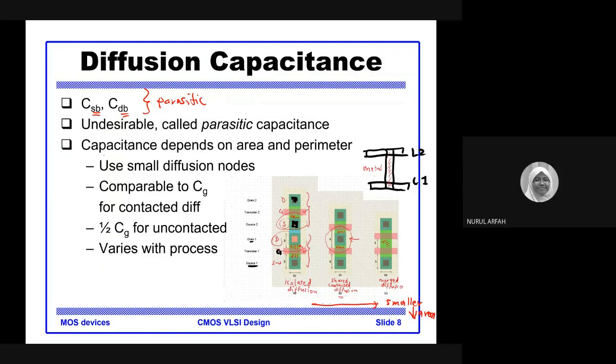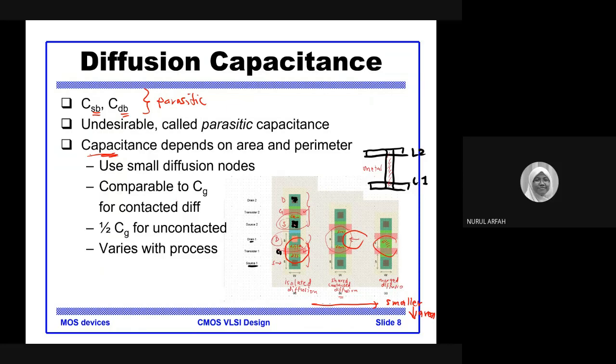That's why, if you look at this slide, it says that the parasitic capacitance depends on area and perimeter. So you need to design such that this diffusion is as small as possible, this diffusion in between here, or the diffusion at this side or this side. Make it as small as possible so that the parasitic capacitance will also be small.